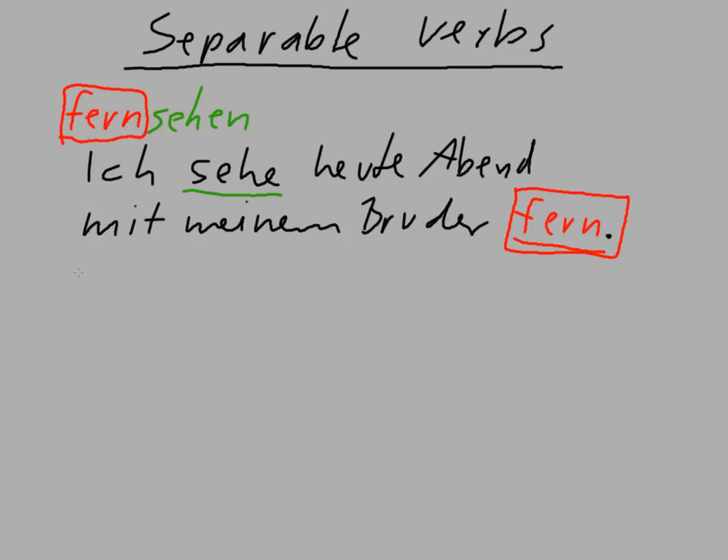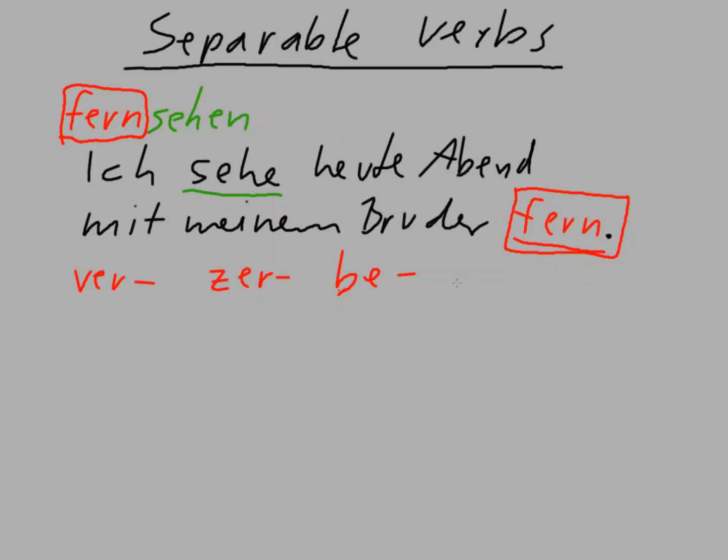And so inseparable prefixes are ver, often used in words like verkaufen, right? To sell. So I do not say ich kaufe ver, no, you say ich verkaufe. Then we have zer, as in zerstören, to destroy, or zerreißen, to tear apart, stuff like that. Then we have be as a prefix, and that is in words like besuchen, for example, or some other verbs like bekommen.